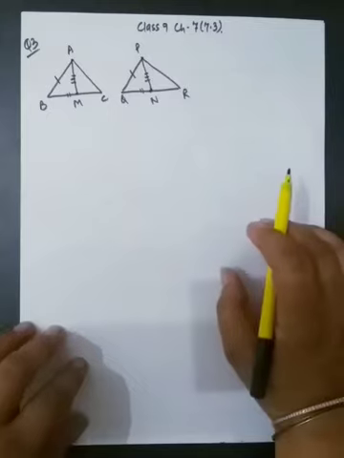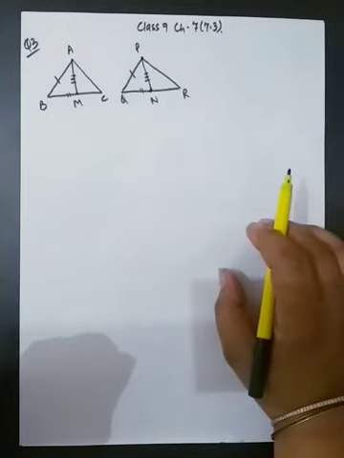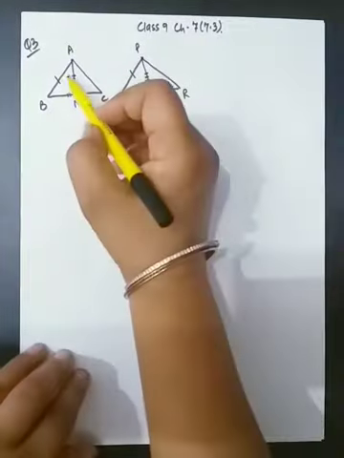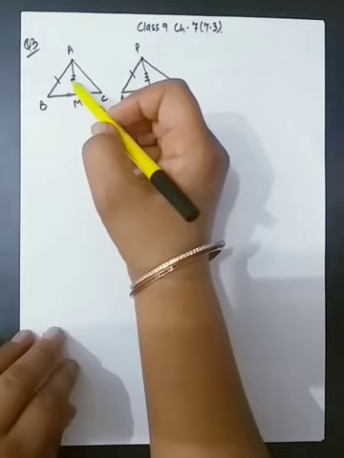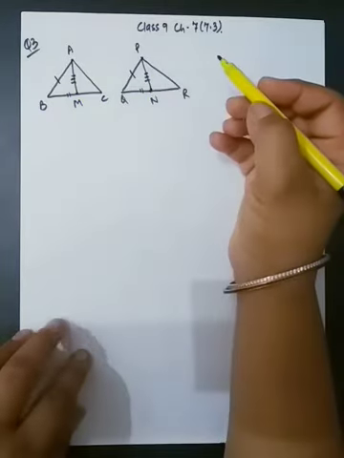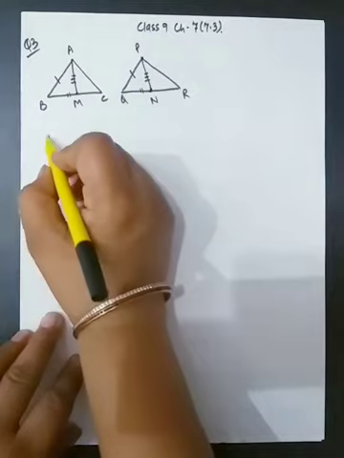And we have to show that this triangle ABM is congruent to triangle PQN. Let us start the proof.